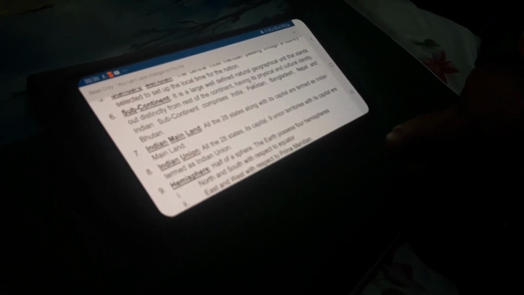If we see the cultural aspects of India, Pakistan, Bangladesh, Nepal, and Bhutan, we find no great diversity or differences. Similarly, in physical features, similarities can be seen. So the Indian subcontinent comprises five countries: India, Pakistan, Bangladesh, Nepal, and Bhutan.